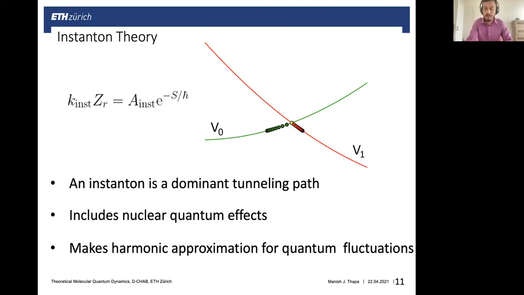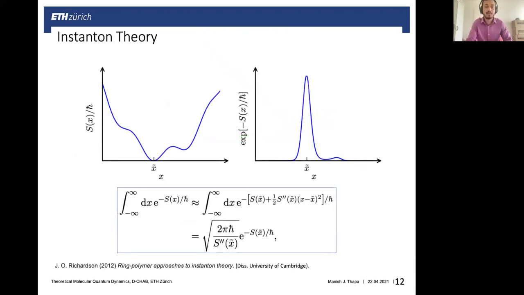I can illustrate this better with an example. These are plots of the Euclidean action on the left and the exponent of the negative Euclidean action on the right. If your Euclidean action varies like this along position, the exponent of that is going to have a peak at this important point, and this is the point that extremizes your action. That is the instanton configuration.